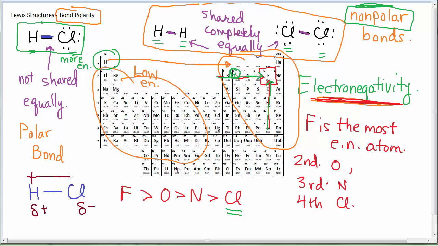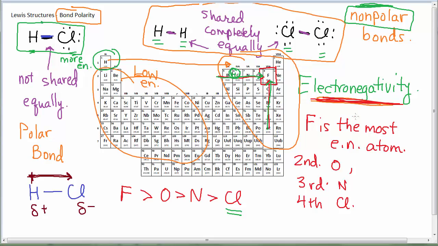Another way to represent it is with one of these symbols, either above or below the molecule. I've put the plus over here near the hydrogen, and then the arrow is pointing toward chlorine. These symbols for partial positive and partial negative could be written off to the sides of each of these elements. That part doesn't matter.